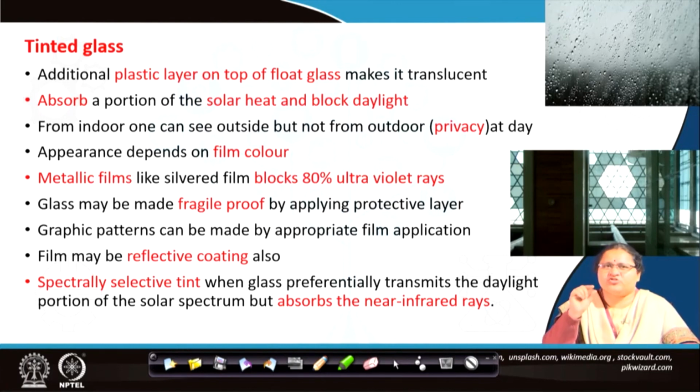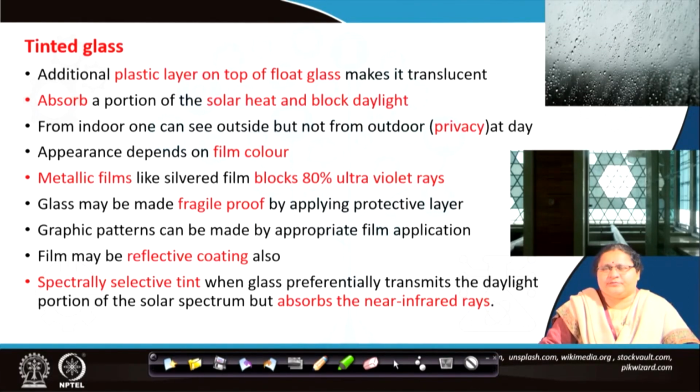So, it will not allow a particular wavelength of solar radiation inside the space. They will absorb the near infrared rays. So, this will also ensure that near infrared rays are not entering the building.